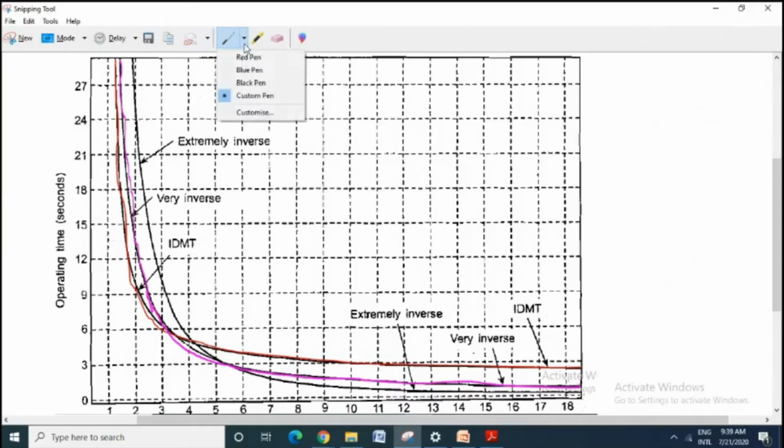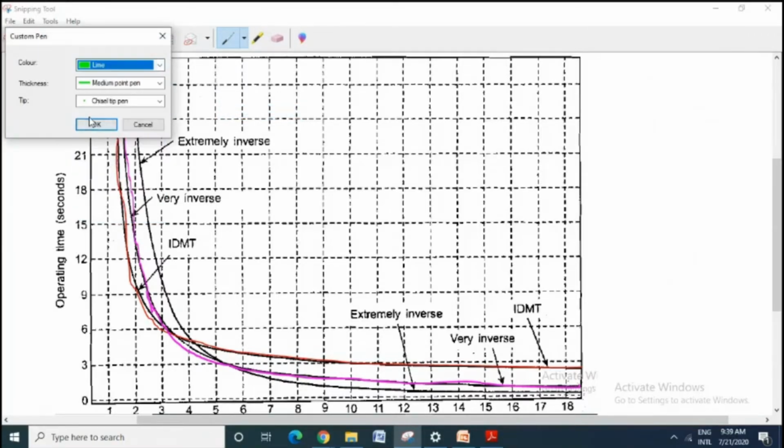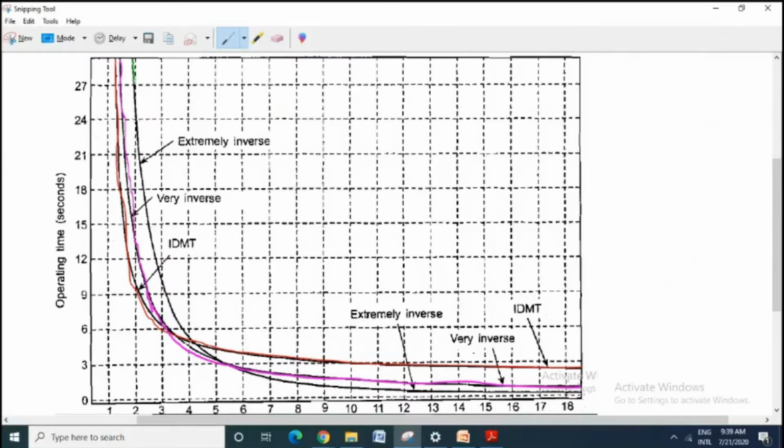And the third graph is for the extremely inverse kind of characteristic. Now, let's check out the difference between these three.